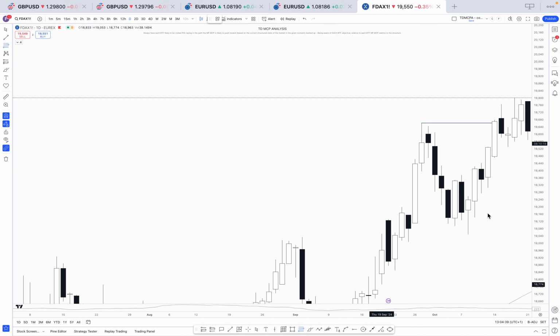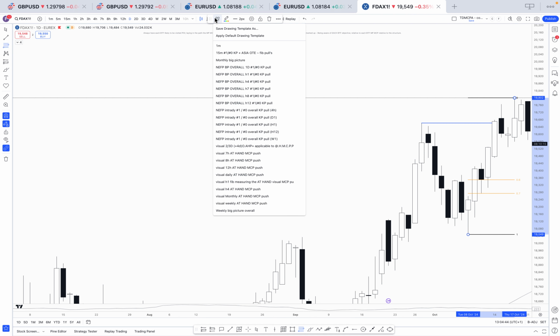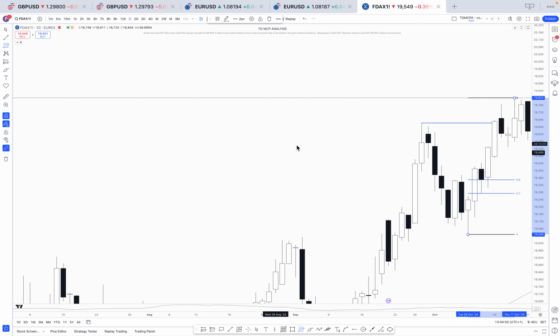So then what you could do, or what I'd like to do too, is mark up the at-hand push's range, relative to the time frame chart perspective being analyzed, with a fib. I like to fib it up, and it helps us gauge where we are trading within the range. Of course, you can eyeball it, but I also like to have it on my chart, just so I'm even more aware of the actual range itself and what comprises the range.